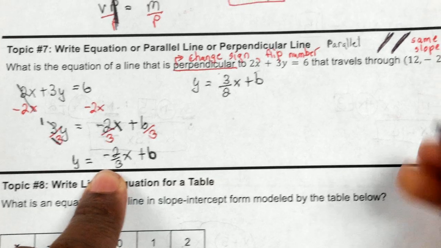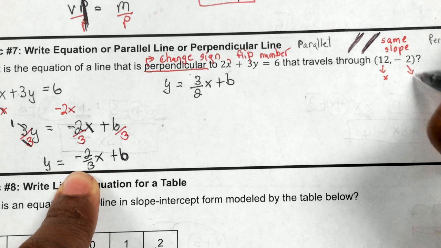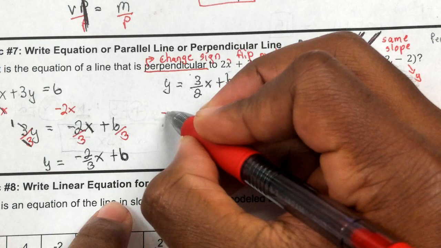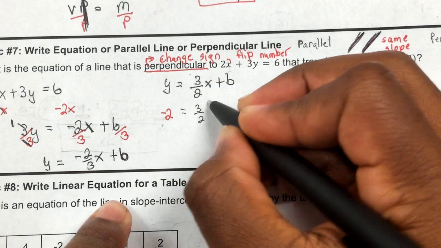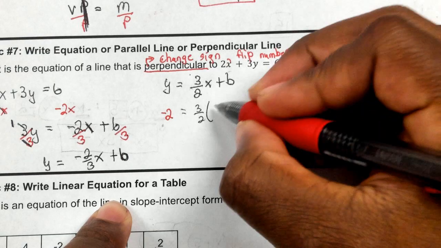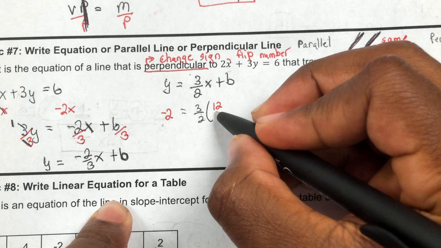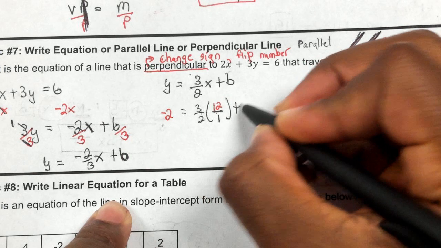Now I'm going to plug in the point that was given. I'm going to plug this in for x and this in for y. So instead of y, I'm going to replace y with negative 2, and instead of x, I'm going to replace it with 12. Because the slope is a fraction, I'm going to also write the 12 as a fraction by writing it over 1.